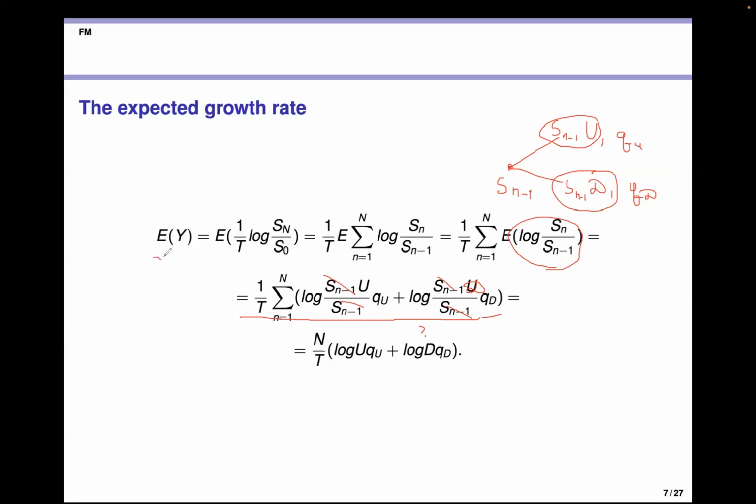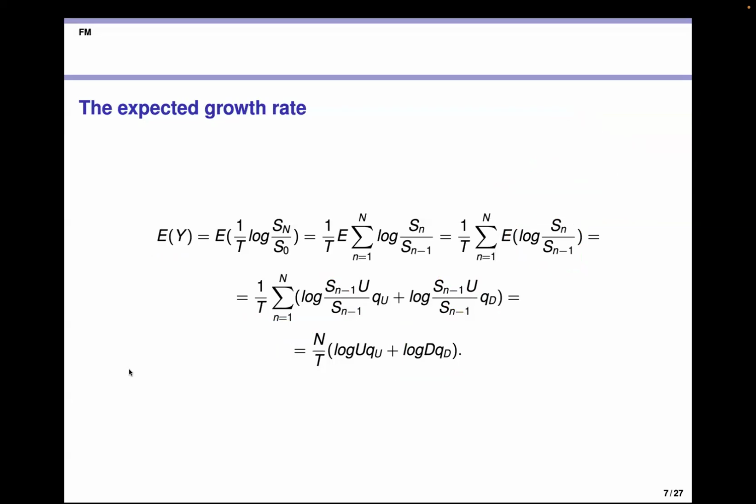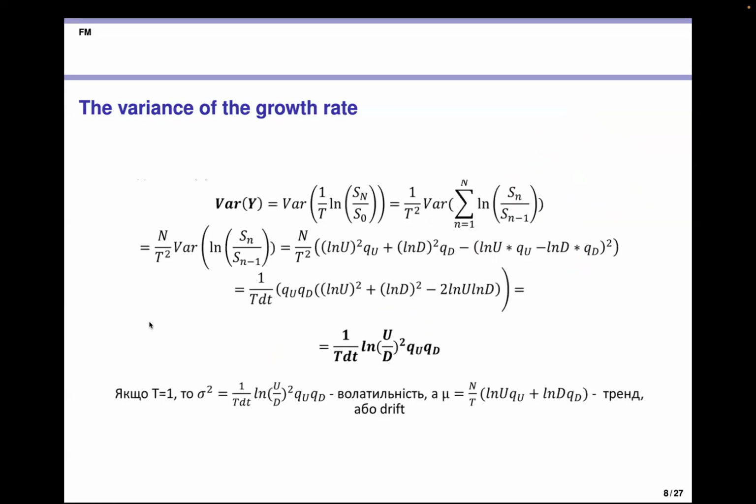Okay, so we wanted to find the mathematical expectation of this growth rate, and we have done it. The next thing we wanted was to find the variance of y. We write the same variance, and 1 divided by t before the variance.